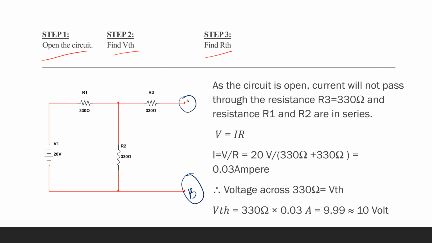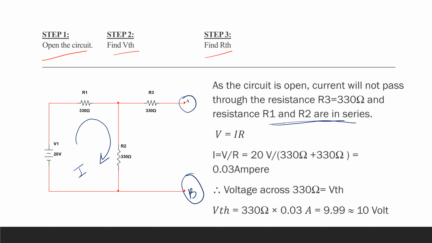In step 2, as the circuit is open, current will flow through R1 and R2. So this is my current direction, and current will not pass through resistance R3. Resistances R1 and R2 are in series.